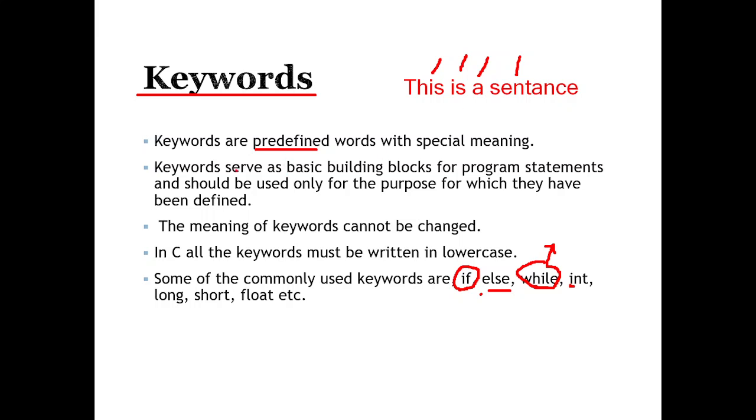These keywords are used as a basic building block. Whenever your English teacher told you there is a noun, pronoun, verb, adverb, you combine them together to form a sentence. Similarly, these keywords have to be combined together to build the program statements. That's why their meaning is defined.